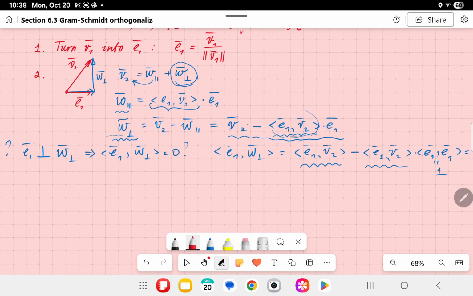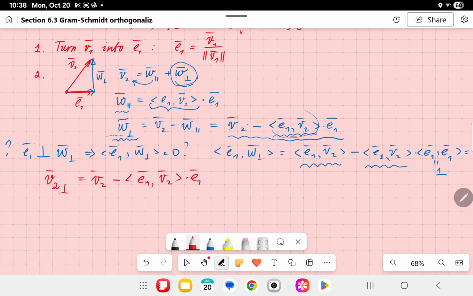I'm not going to label it w orthogonal. I'm going to label it v2 orthogonal part. And I already know the formula. It's going to be v2 minus the inner product of e1 and v2, multiplied by e1.